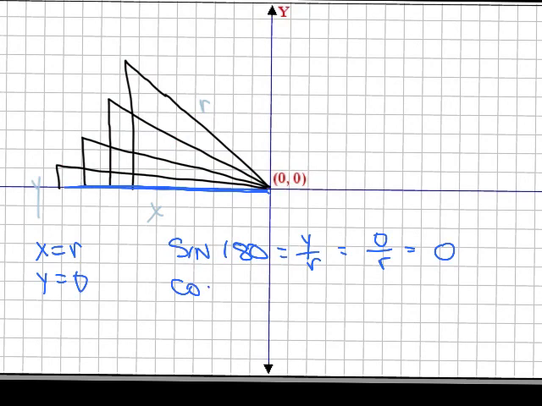Our cosine of 180 degrees is going to be adjacent, which would be x over r. Well, how long is our x value? We don't know, but we do know that x and r are the same number. So if x and r are the same number, any number over itself is going to be 1.